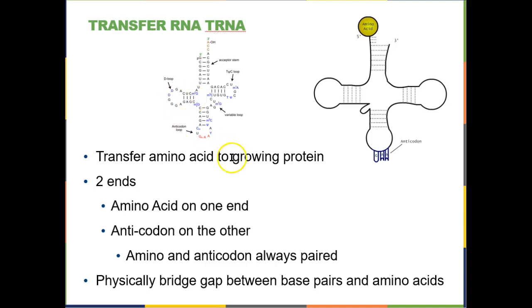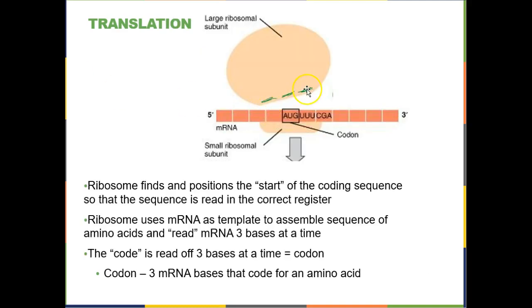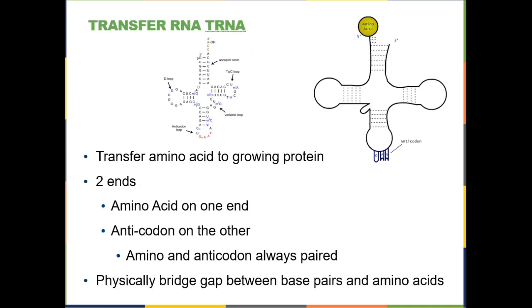On one end of the tRNA are 3 bases that are going to fit into this active site right here, or these active sites. Those 3 bases are sticking out, not sticking in like these bases here are, where they're hydrogen bonded to each other. They are called the anticodon.